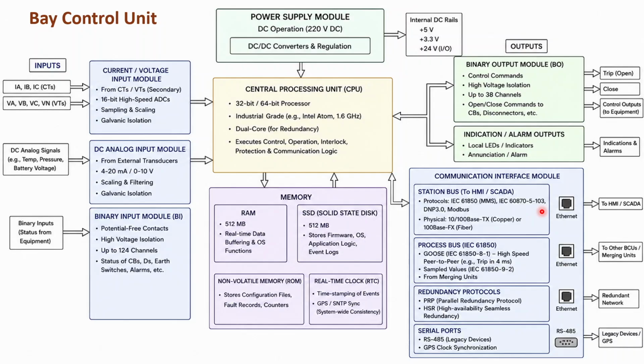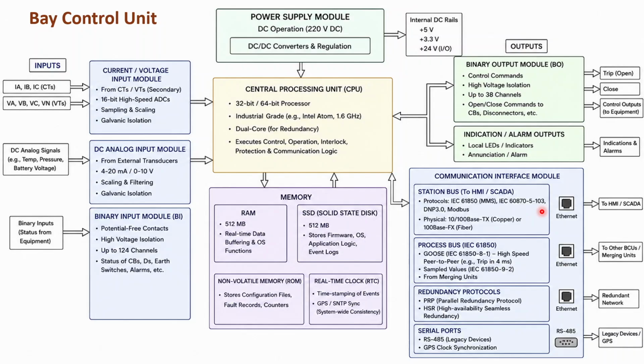And the physical infrastructure could be 10 or 100 Base-TX, which means copper, or 100 Base fiber optic, right? And the process bus basically uses the IEC 61850 standard, so it sends these GOOSE messages, and it's a very high speed peer-to-peer communication, right?